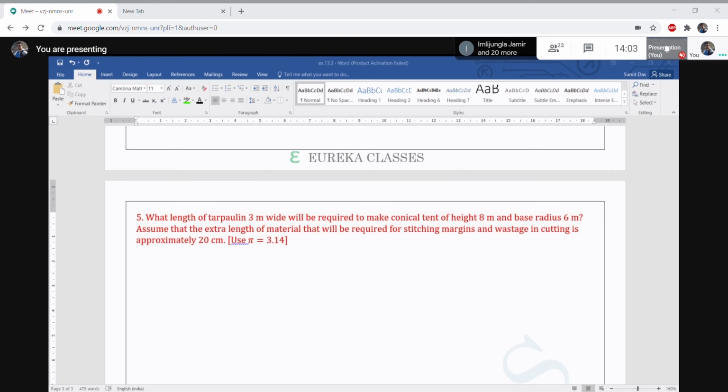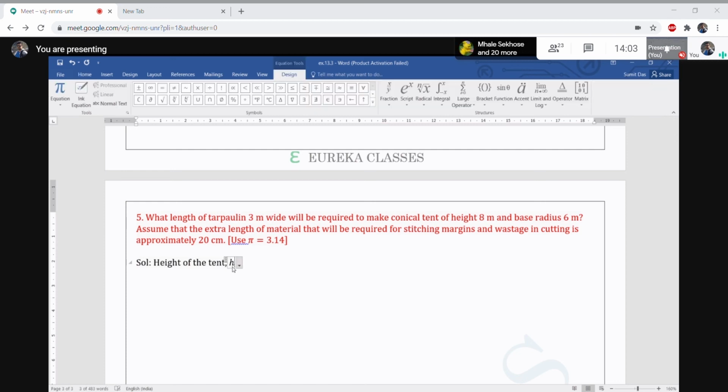Okay, so for this one, first find out what is given. This is an important question. Solution. Height of the tent is given, h equal to 8 meter.